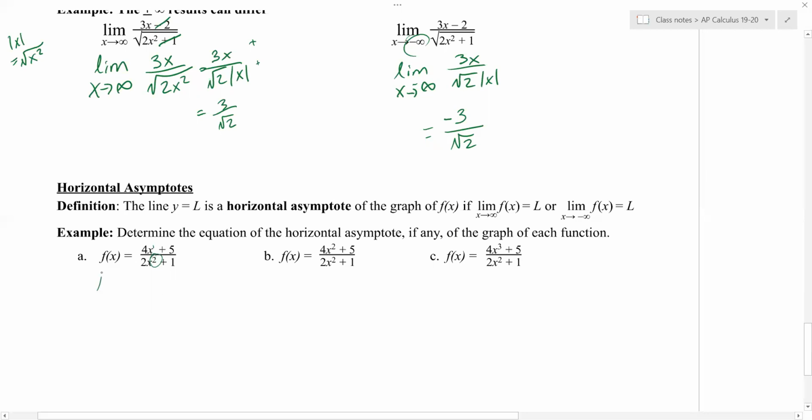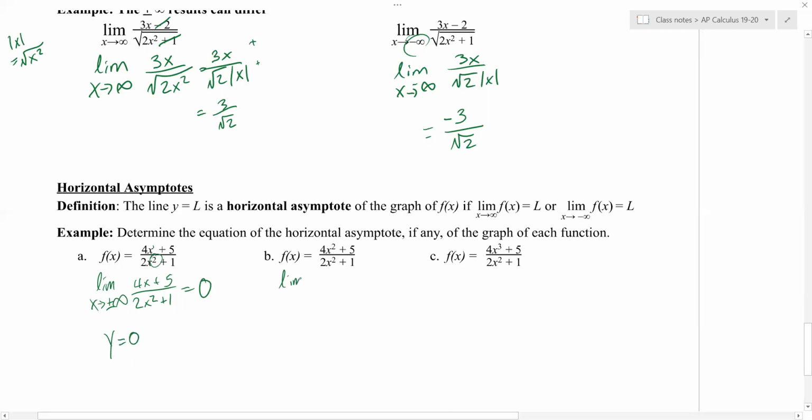So we can say our limit as x approaches positive or negative infinity of 4x plus 5 over 2x squared plus 1 is 0, using the rule that we found above. And 0 can't be positive or negative, so we don't have to worry about the sign. That means our horizontal asymptote is y equals 0.